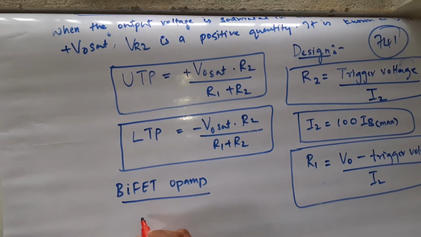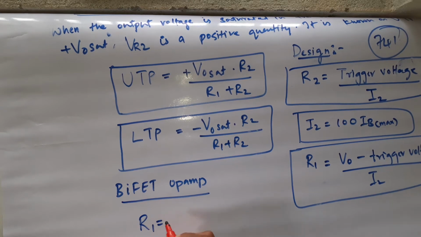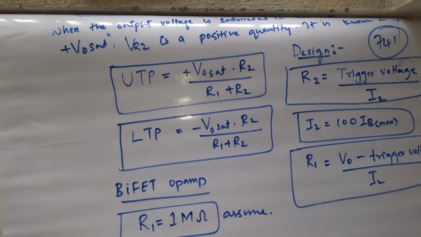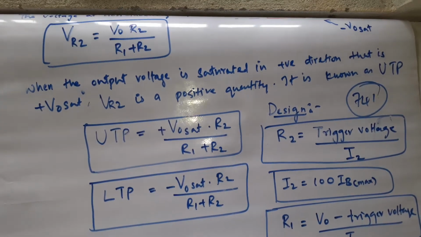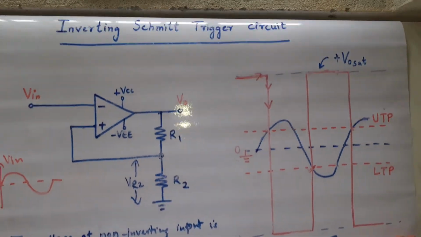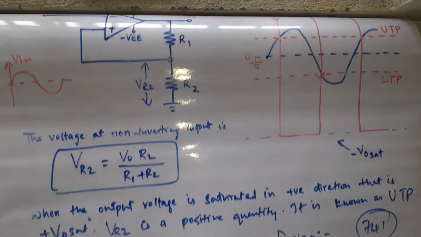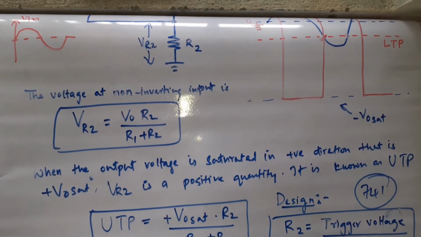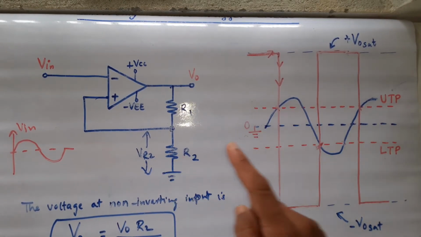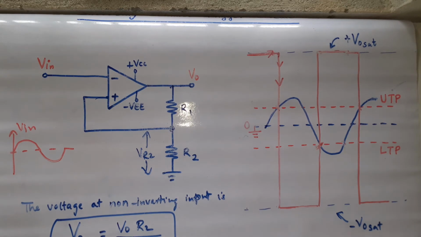In that case, you need to assume resistance R1 value as 1 mega ohm. Okay, now this is your design equations. Now one important part is left out, that is input output characteristics. For this circuit diagram, this waveform, and that characteristics I need to plot.